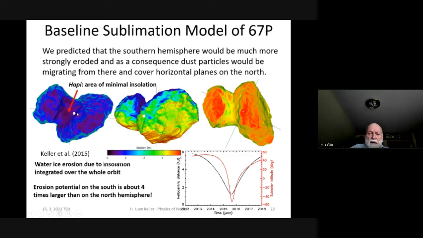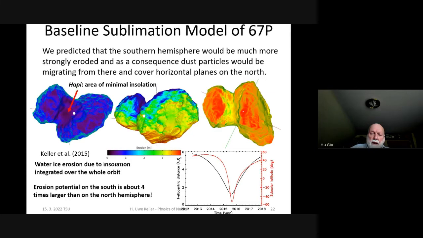And you can see that on the northern hemisphere, even though the overall illumination or energy absorbed is quite similar to the southern part, the production rate is only 20% of that produced on the southern part. The southern part gets much hotter, and the production rate is, of course, highly nonlinear, changing with temperature.